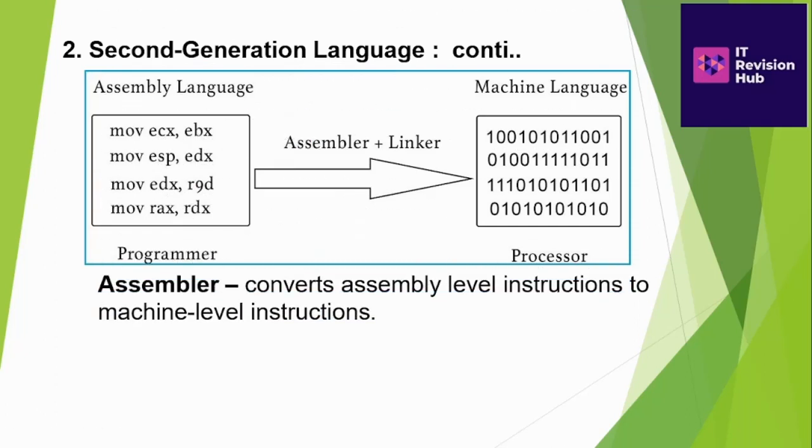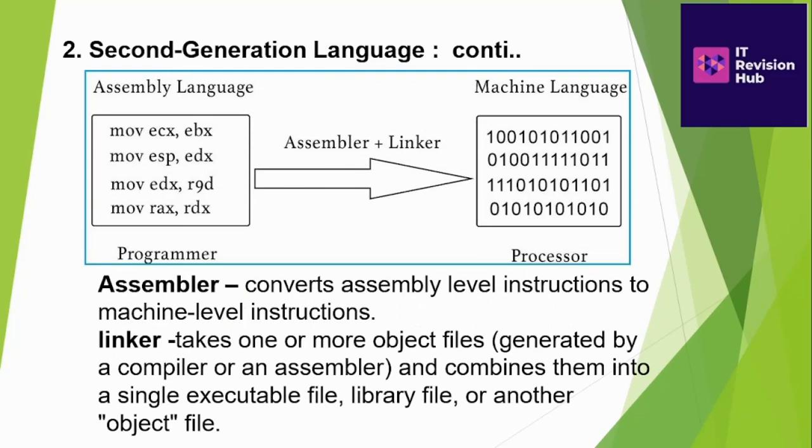Now we'll see what an assembler is. Assembler converts assembly level instructions to machine language. Now we'll see what a linker is. Linker takes one or more object files generated by a compiler or an assembler and combines them into a single executable file, library file, or another object file.